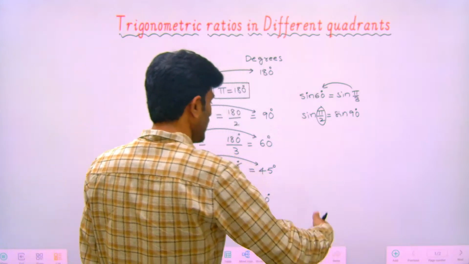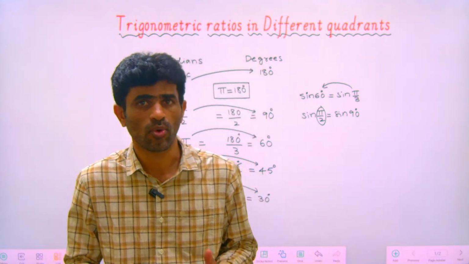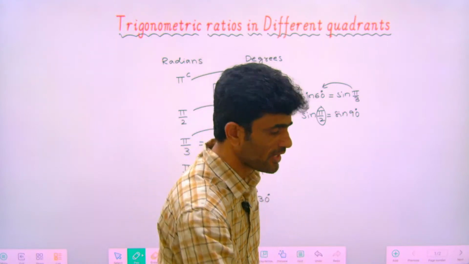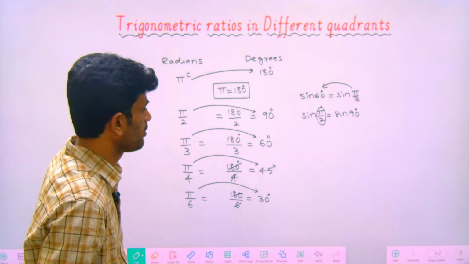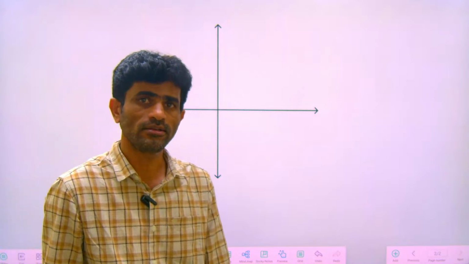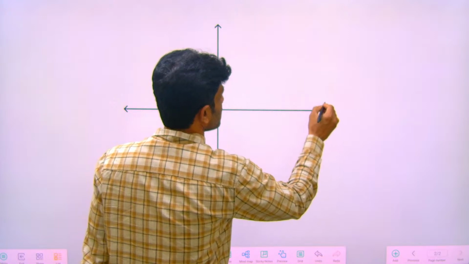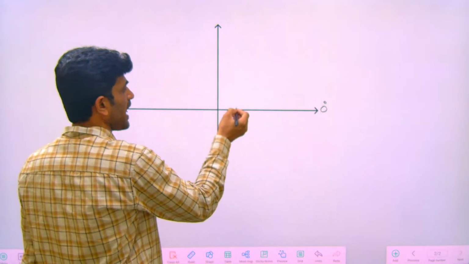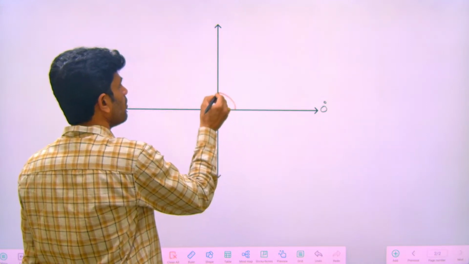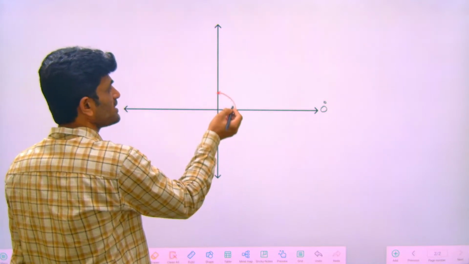Now, let us enter into our topic, that is, what are the different quadrants we have and how trigonometric ratios will be different in different quadrants. This is our plane. Here, we start from 0 degrees. From here we start, the angle is 0 degrees, and when you come from here to here, it is exactly 90 degrees.